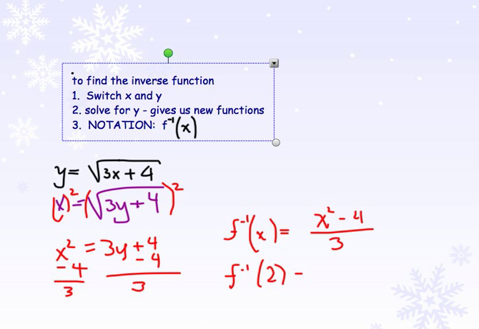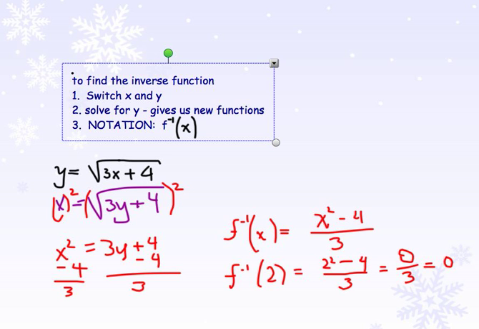Okay. So this is the same thing as if we were replacing x with 2. You're going to get 2 squared minus 4 divided by 3. Well, 2 squared is 4. 4 minus 4 is 0. And 0 divided by 3 is going to be 0. So the inverse function at 2 is going to be 0.